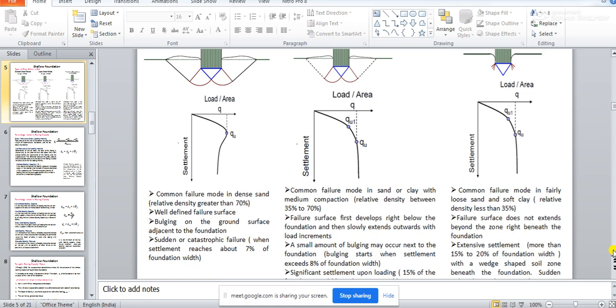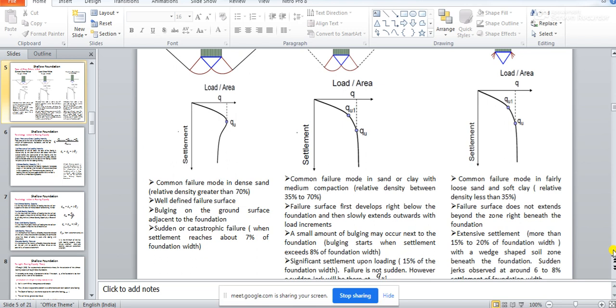Now, if you understand the details of general shear failure, you see the load settlement curve. When you gradually increase the load, your settlement will gradually increase, and a sudden point will come after which you don't see any increase of the load per area.